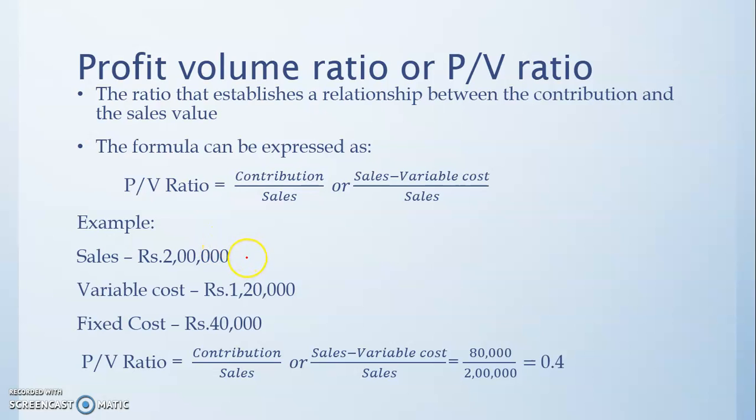Let us understand this with a simple example. Sales is 2 lakhs, variable cost is 1,20,000, fixed cost is 40,000, so PV ratio will be contribution by sales. Contribution is sales minus variable cost, which is 2 lakhs minus 1,20,000, which is 80,000, divided by 2 lakhs, which is the sales, which is always expressed in percentages, so 0.4 into 100, which will be 40%.